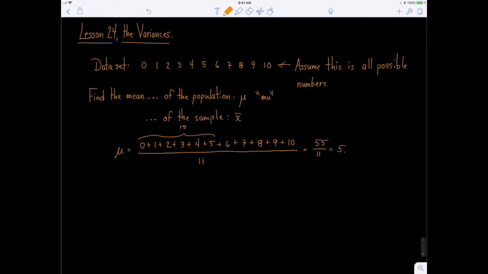Now, here's what we're going to do next. We're going to randomly select four values, and repeats are allowed.